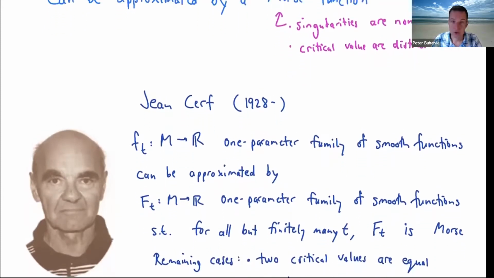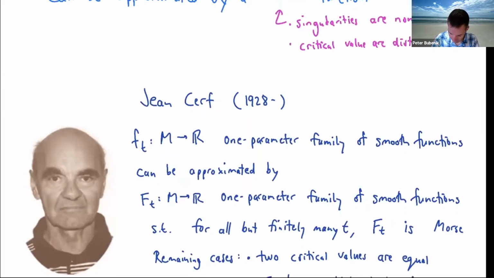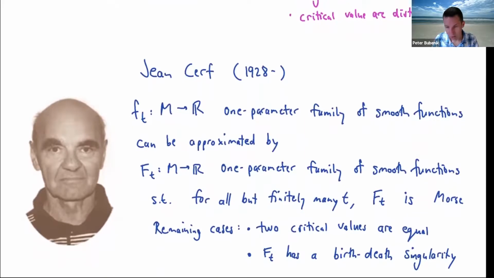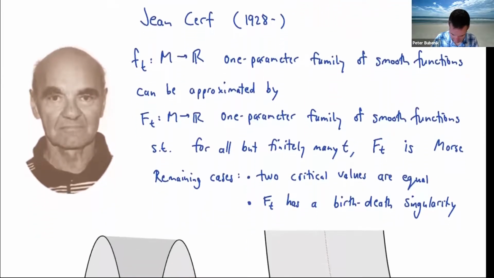Two things can happen, one of which is very minor, which is that we can have two critical values that are equal. The other one is more interesting, in that we have a new phenomenon appearing. This is a cubic phenomenon, not a quadratic one, which is that we have a birth-death singularity. So what is that?